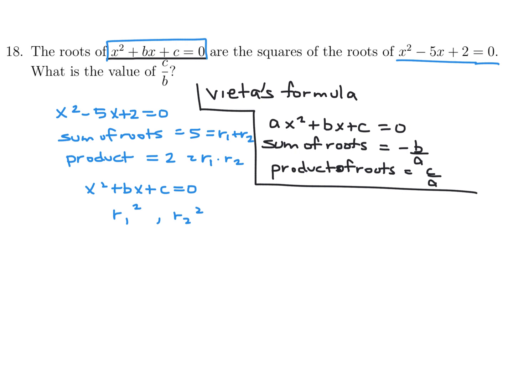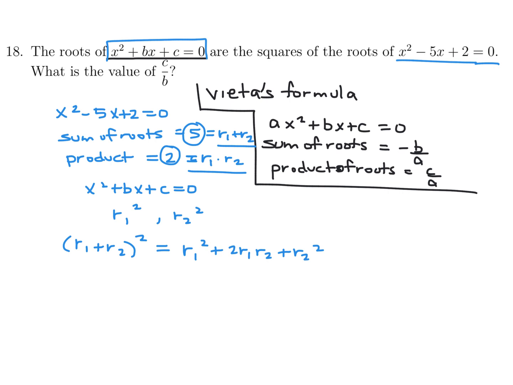And what else do I do now? Well, one thing is for sure, these two expressions make me think of algebra. In particular, when you square r1 plus r2, it becomes r1 squared plus 2 r1 r2 plus r2 squared. That allows me to substitute these numbers, and hopefully that will help.